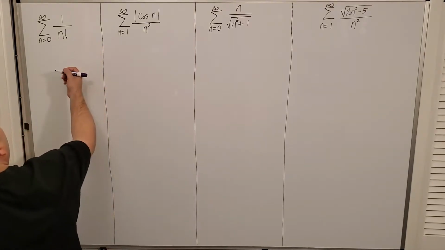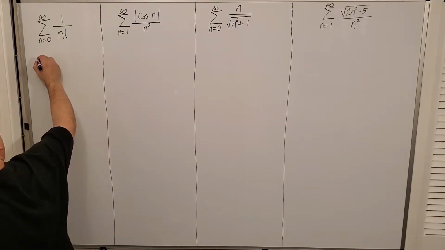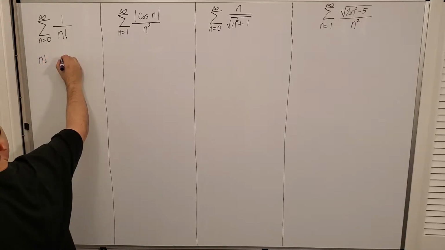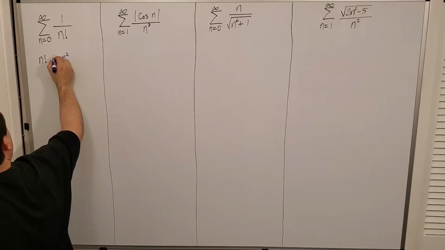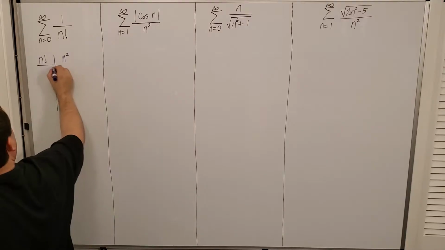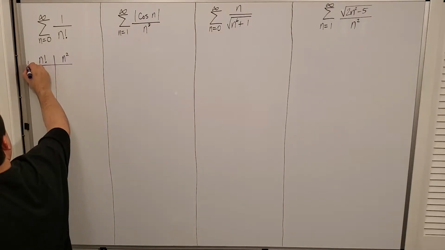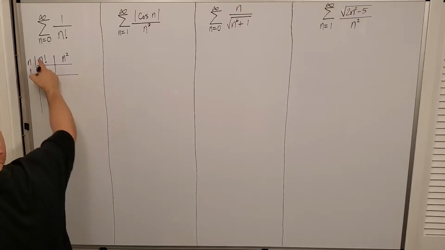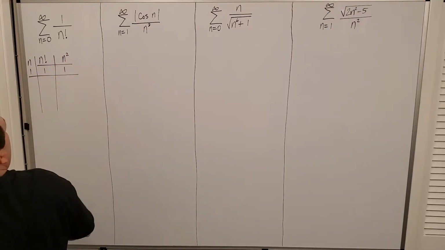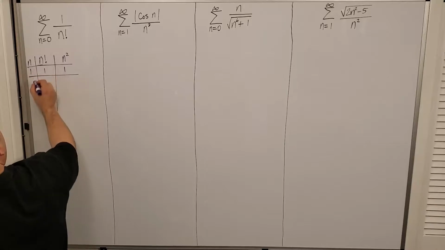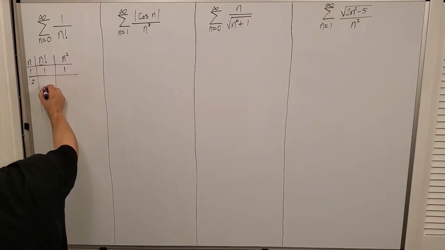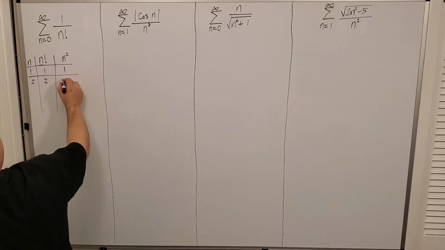So here's what I mean. Look at a little chart of n factorial versus n squared for different values. When n is 1, n factorial is 1, n squared is 1. When n is 2, 2 factorial is 2, 2 squared is 4.